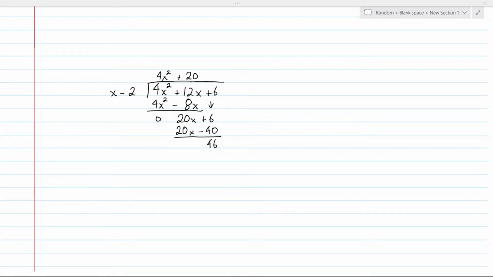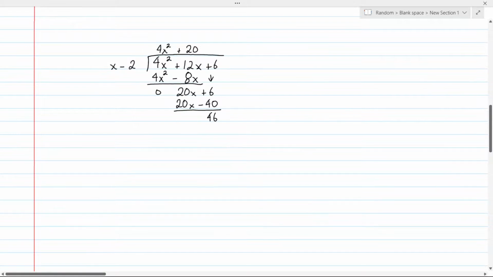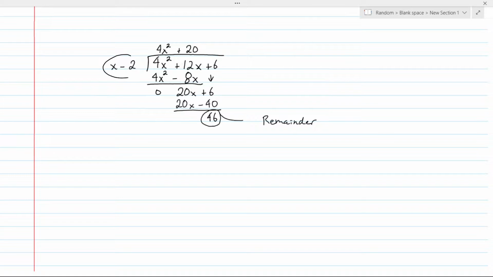Here is some terminology. The 46 here, that is the remainder. The x minus 2 here, that is the divisor.